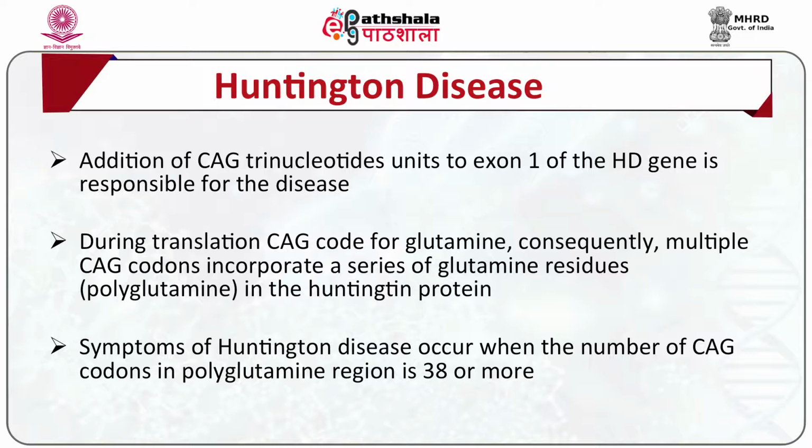During translation, CAG codes for glutamine, consequently multiple CAG codons incorporate a series of glutamine residues, also called polyglutamine, in the Huntingtin protein. Symptoms of Huntington disease occur when the number of CAG codons in the polyglutamine region is 38 or more.